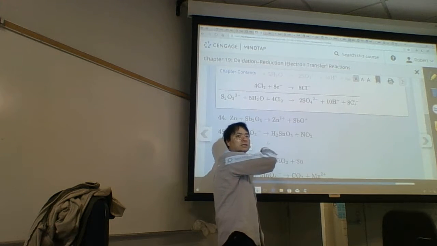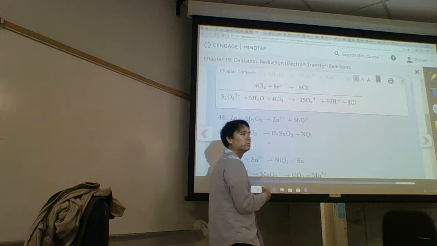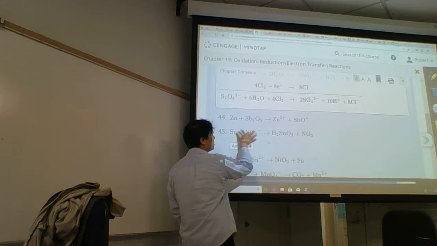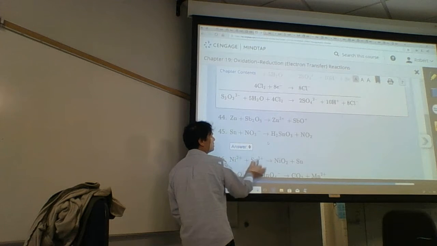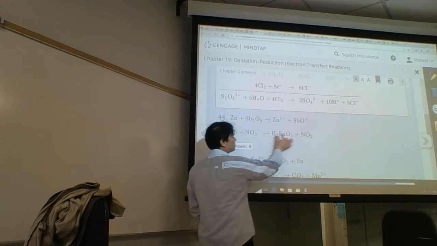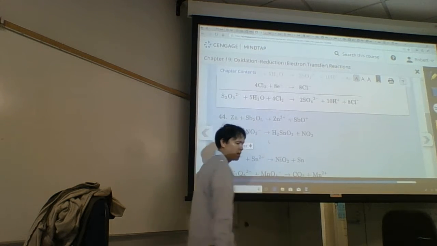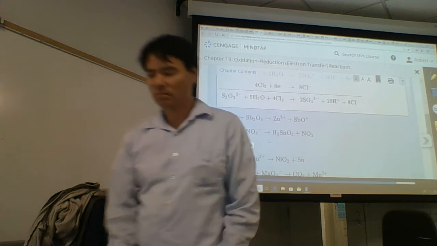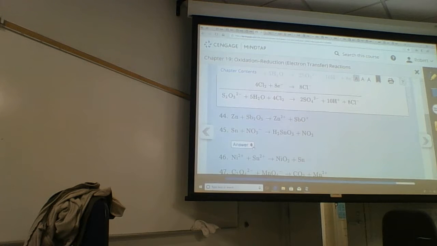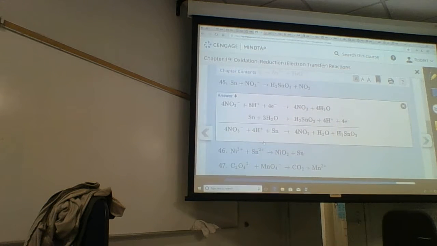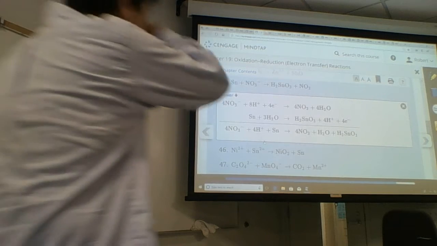So both of these are not on the chart, and we'd have to balance out both of these. The first one I'd split off, tin goes to this, and then balance it. The second one I'd split off, nitrate goes to NO2, and then balance that. So this is a case where they just mixed it together and saw what happens.